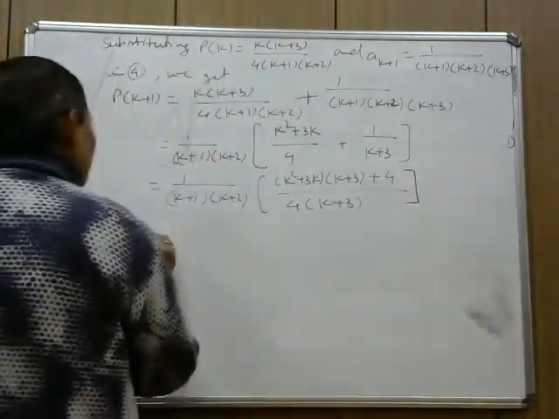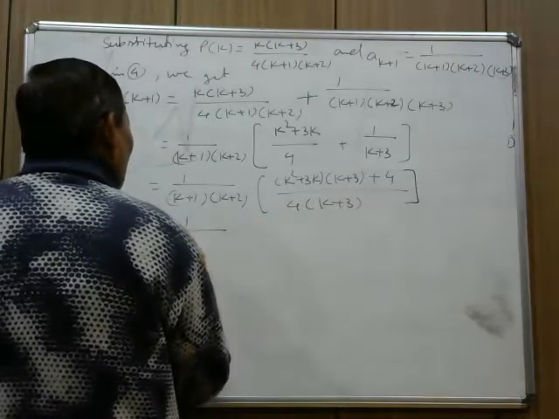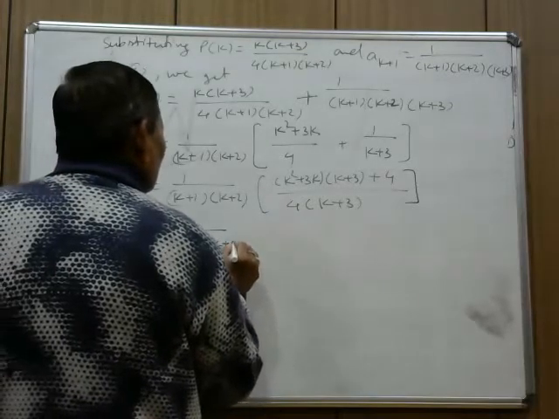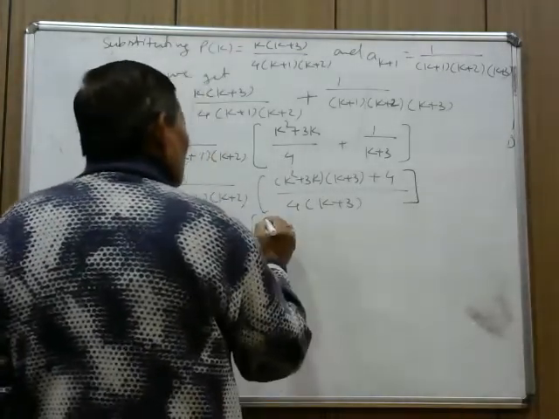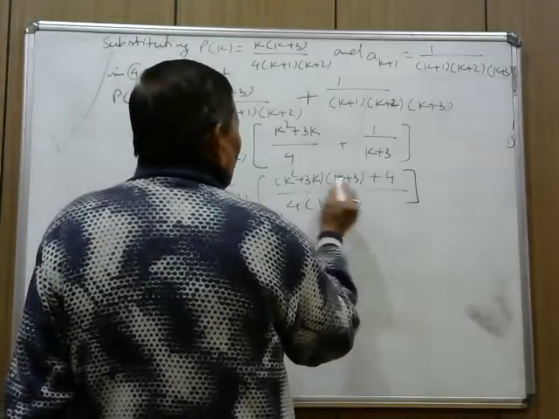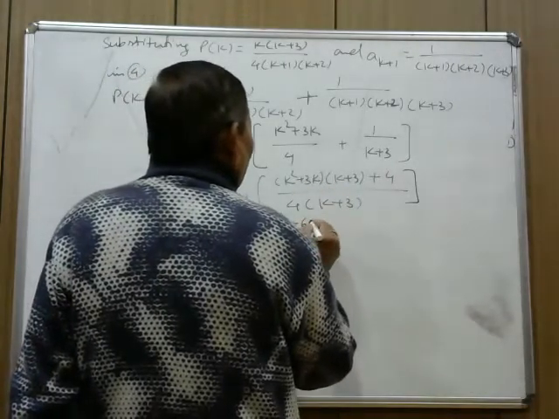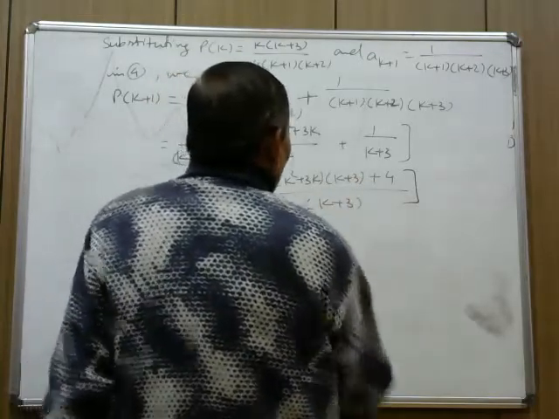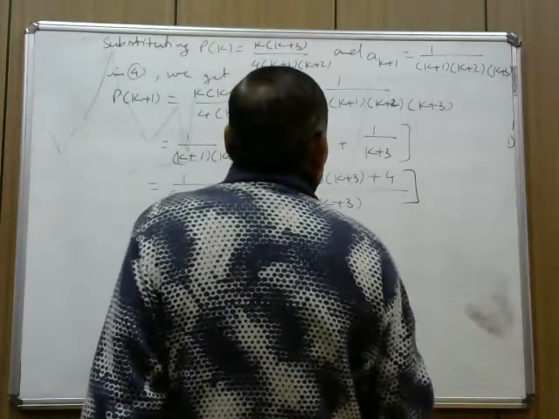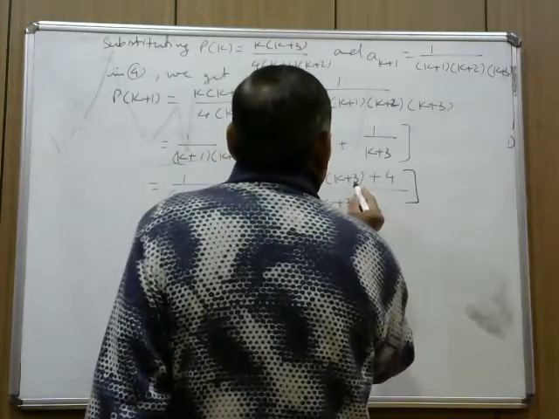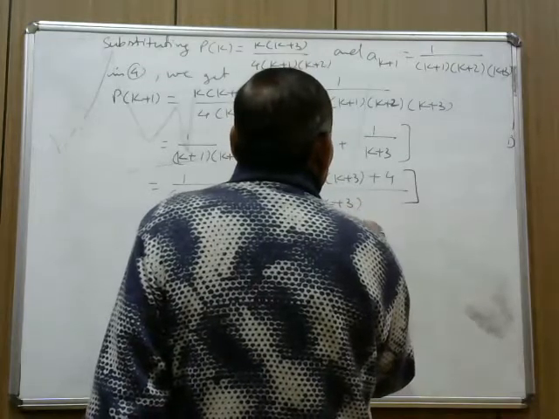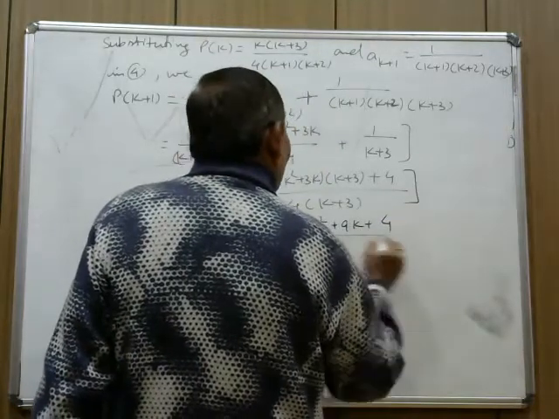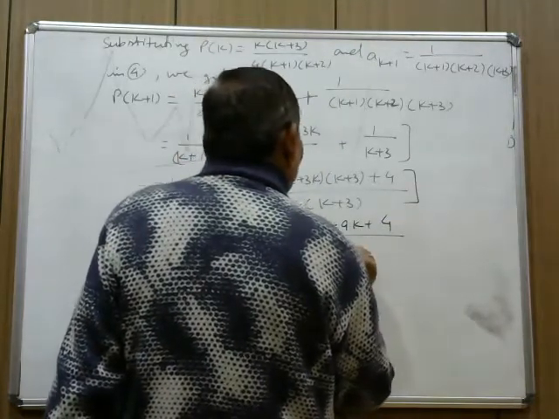So now this is equal to 1 upon k plus 1, k plus 2 into k cube plus 6k square plus 9k plus 4 upon 4 into k plus 3.